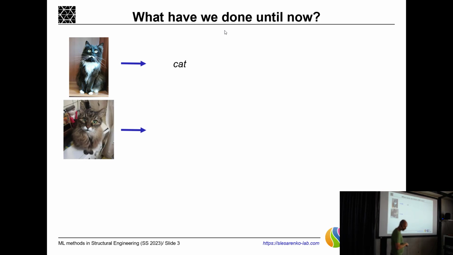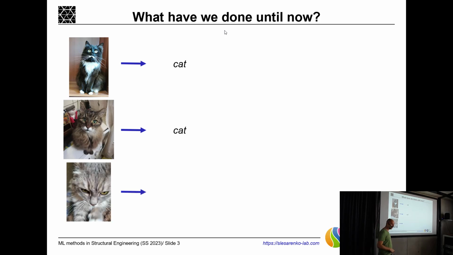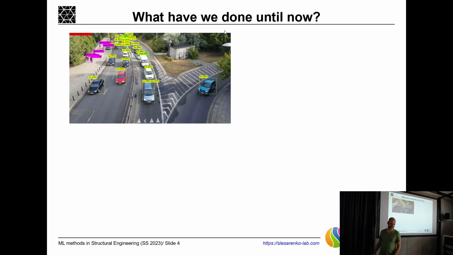We give another image, and the neural network tells us, this is a cat. Finally, another image, cat. Or if we look at our YOLO task that we did last week, we look at the image, and YOLO tells us, okay, there are cars, trucks, and other objects, and also we have the detection, like the positioning of these objects.